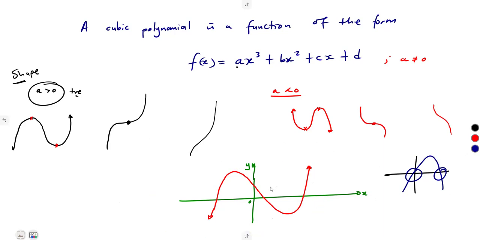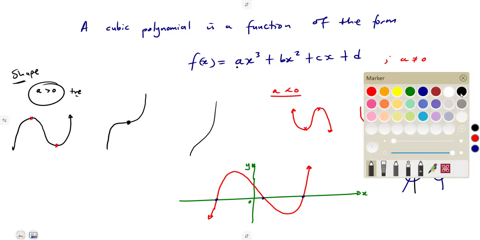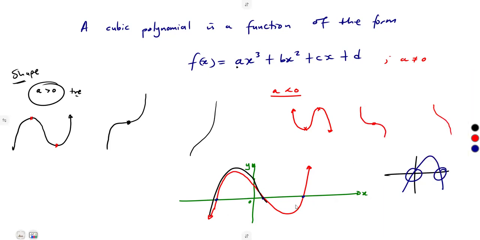Nothing has changed on our cubic function. This point, this point, this point on the x-axis will be our x-intercepts. So we need those x-intercepts. Then we have got the y-intercept, where the graph crosses or passes through the y-axis. Remember that condition. So we've got the y-intercept.